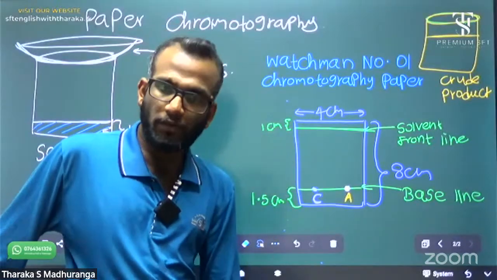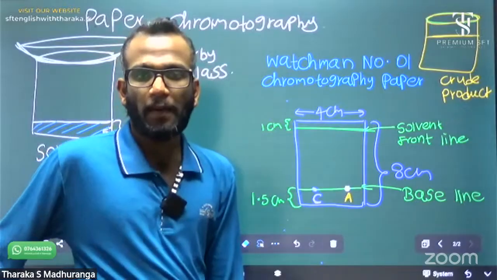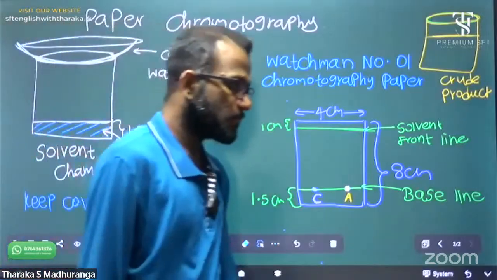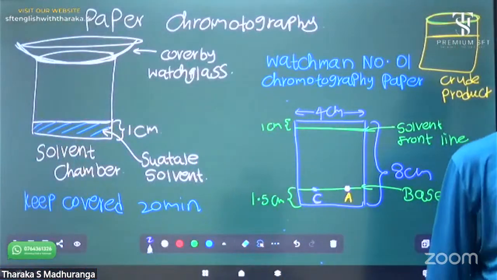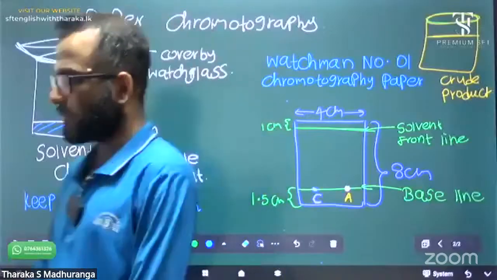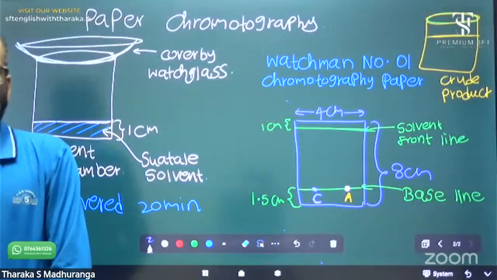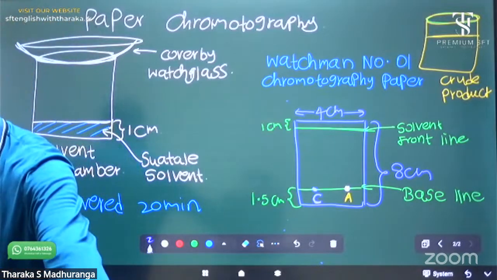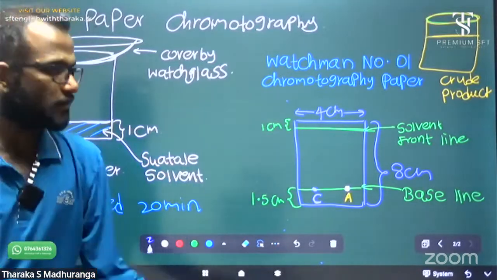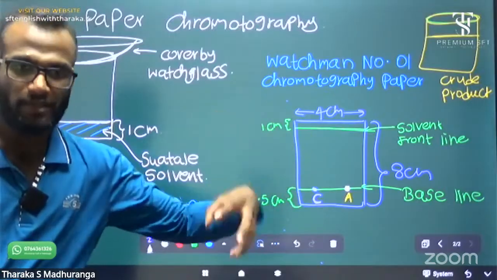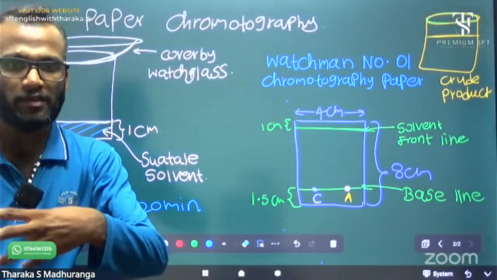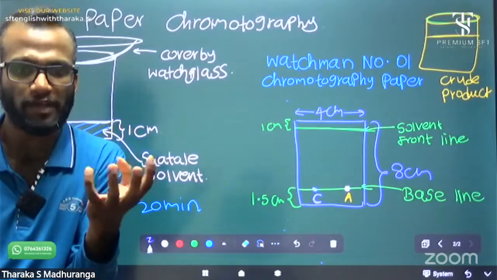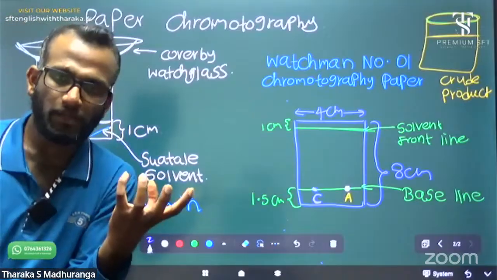In the laboratory, vasicine, cinnamaldehyde, citronellol, they have control samples. Control sample means already purified secondary metabolite compounds.